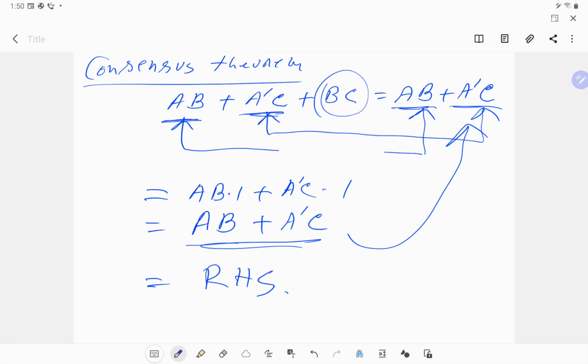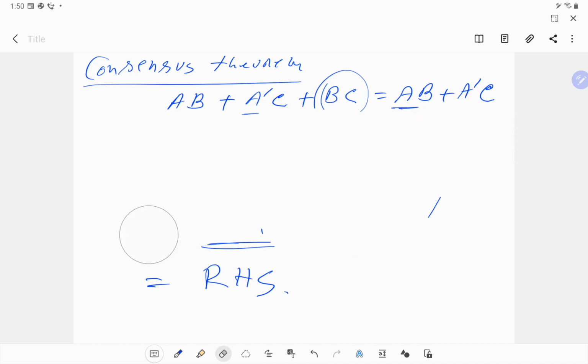So now, what is the dual version of the consensus theorem? If we apply the duality principle to this theorem, then what do we get?